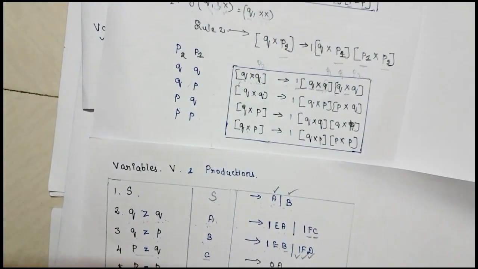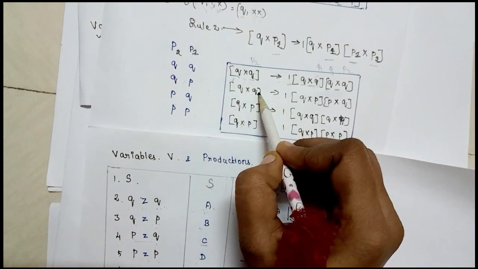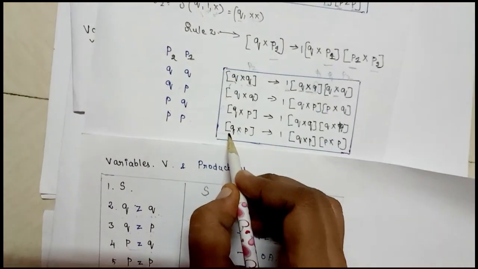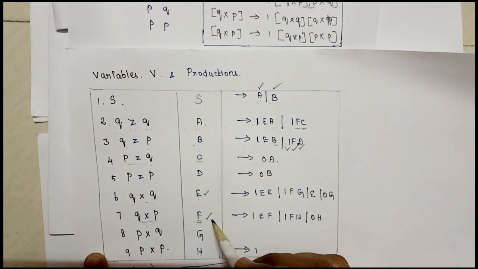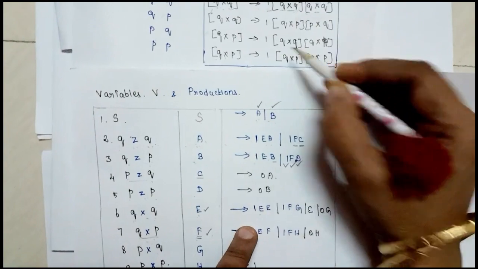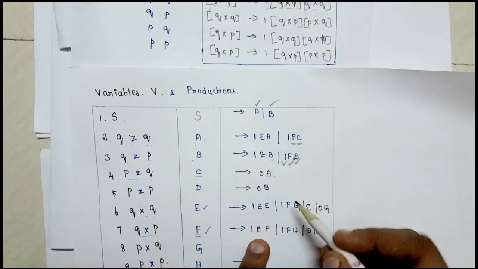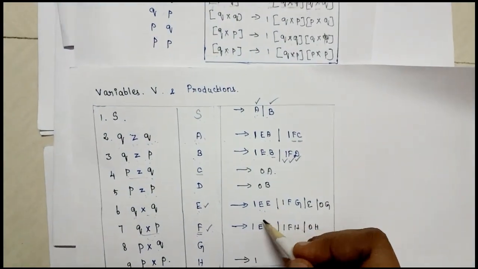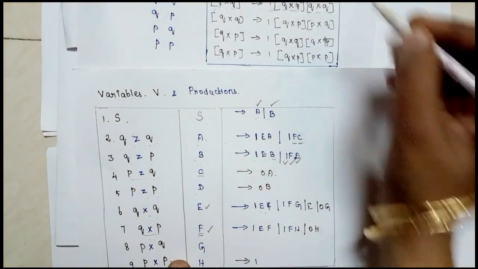Similarly, for the second transition function, we have two productions for QXQ, which is E, and two productions for QXP, which is F. So we have two productions for E and F. For the first one, it is 1 and QXQ is E, and this is also QXQ, so that means this should be QXP. So here we have 1EF, and this one is 1EE.